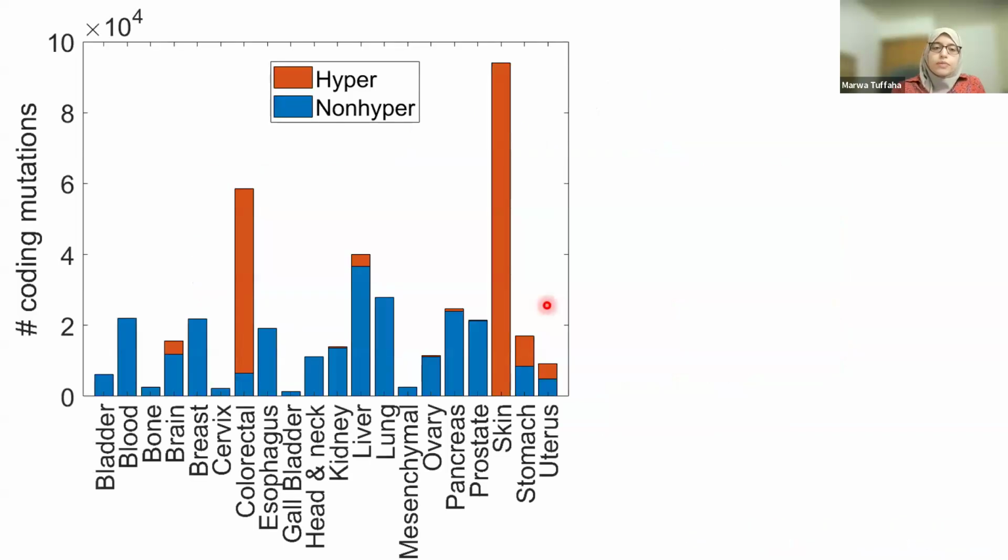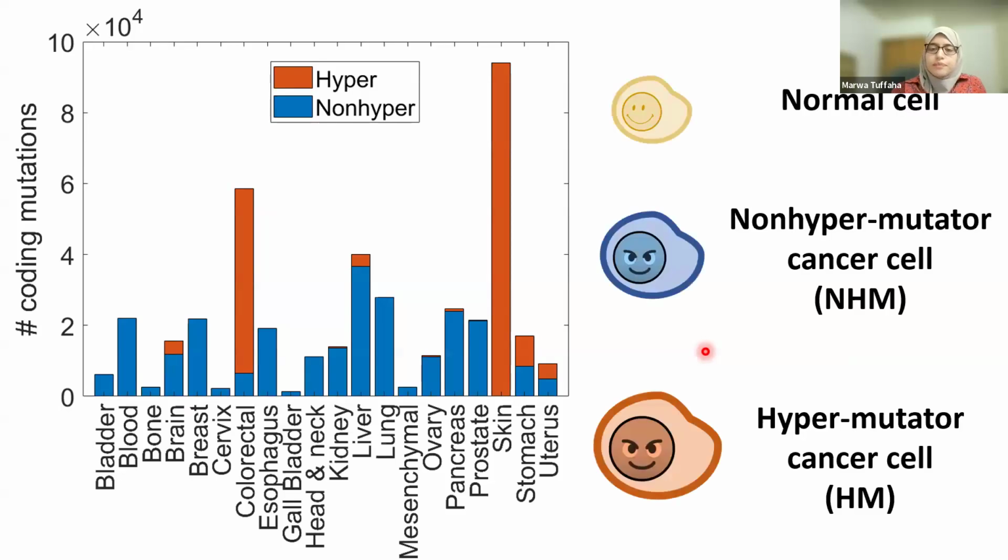So we worked on the PEACOCK data set. We have mutational data from 20 different tissues. The samples can be classified into hypermutated cancer samples and non-hypermutated samples. The hypermutated ones have a very high mutation rate, more than 10 mutations per megabase, while the others we just call non-hypermutators.